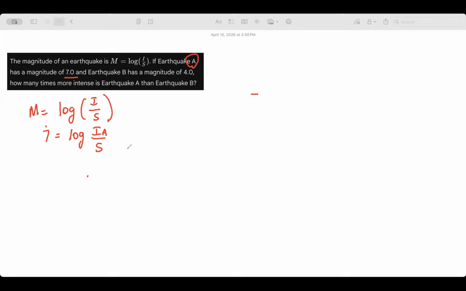If they give what S and I are, then it's easy. Usually they give it. Now that is earthquake A. For earthquake B, how can I write? 4 will be equal to log of intensity of earthquake B by S. You should know what I and S are. That's the missing part.